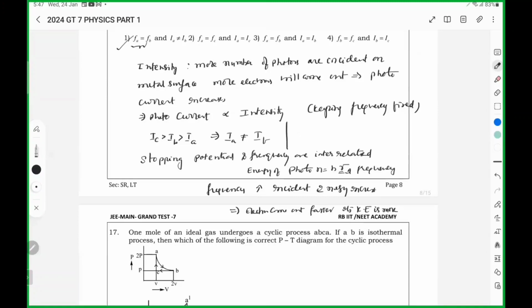So here, stopping potential, by definition, is the potential required to stop any ejected electron.